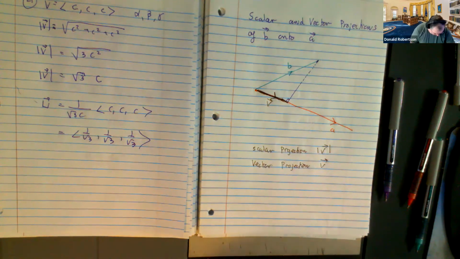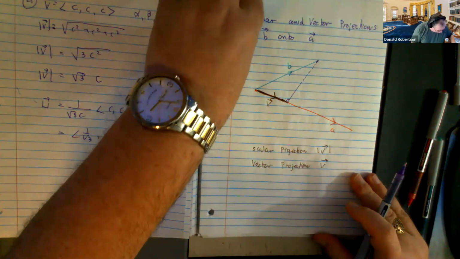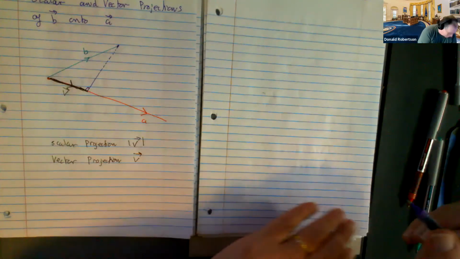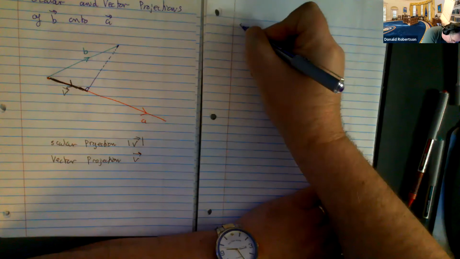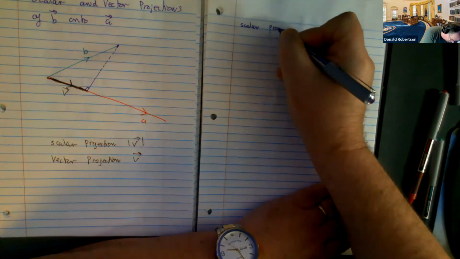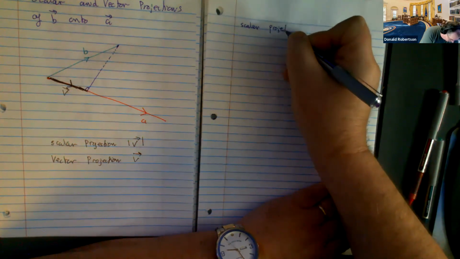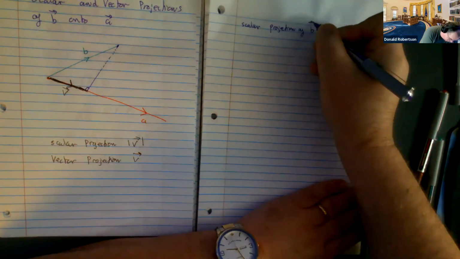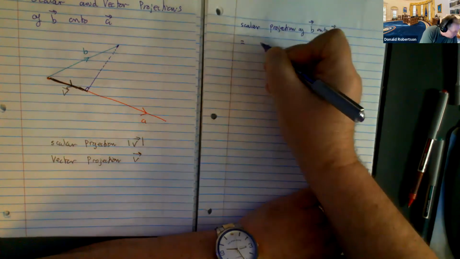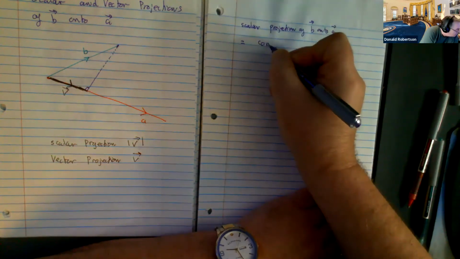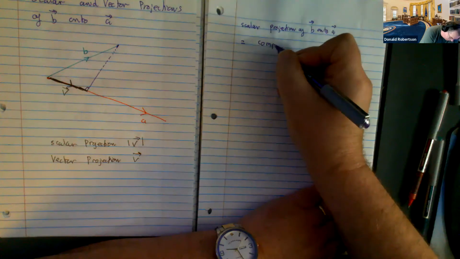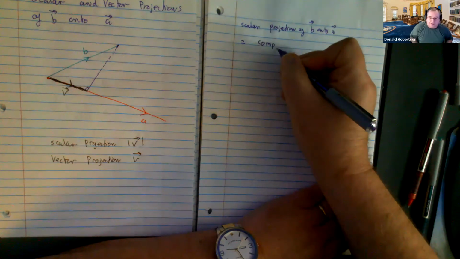And they have a very weird way of writing it down. So here goes. The scalar projection of B onto A, it's called that.